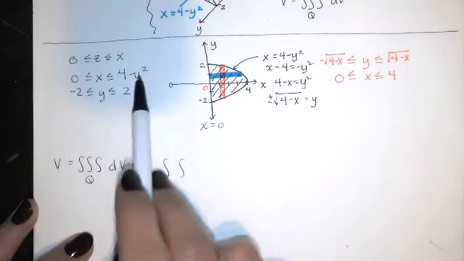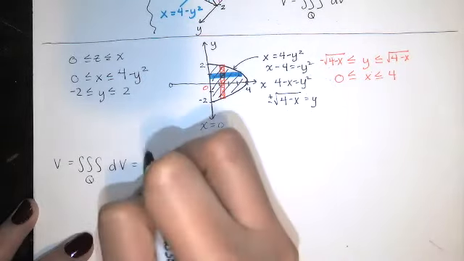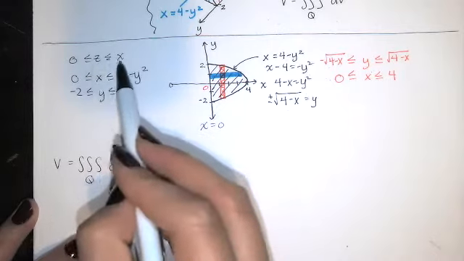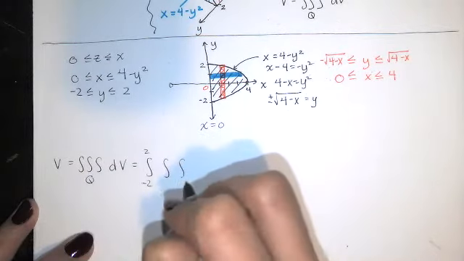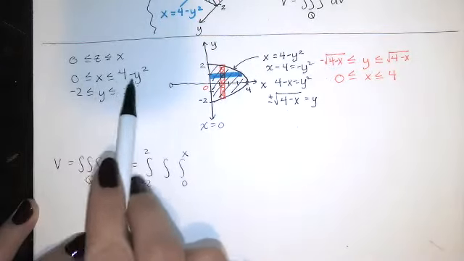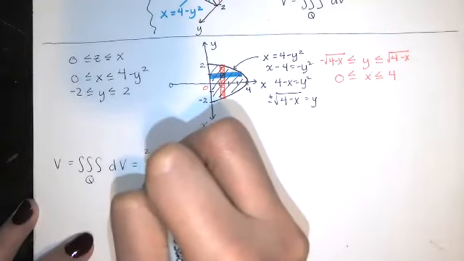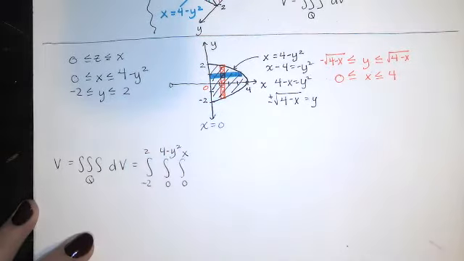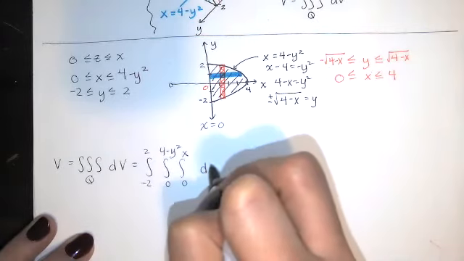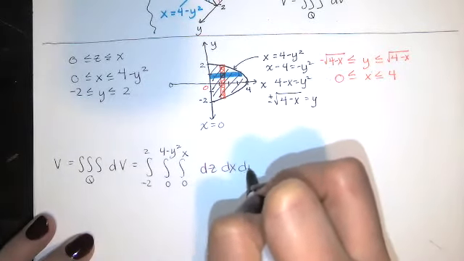So if I use these bounds, I have to integrate with respect to y last, and I need to integrate with respect to z before I integrate with respect to x. And then I need to integrate with respect to x before I integrate with respect to y. And that means that the order of integration is dz, dx, dy.